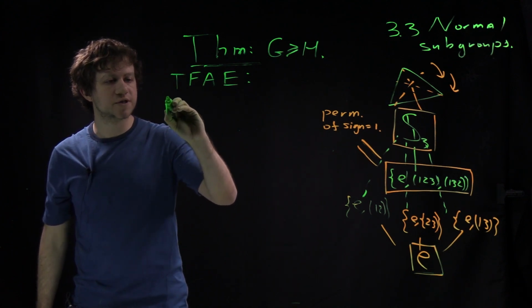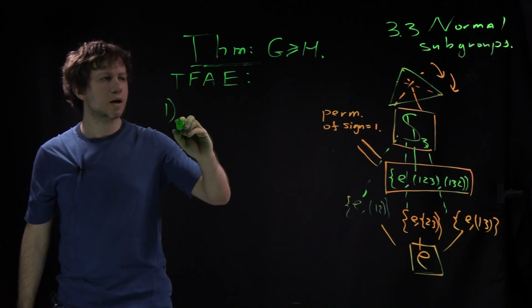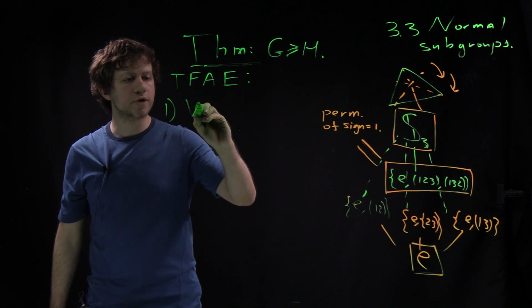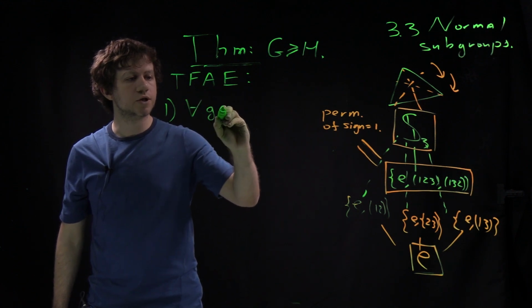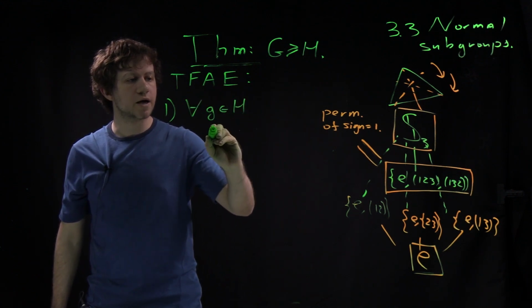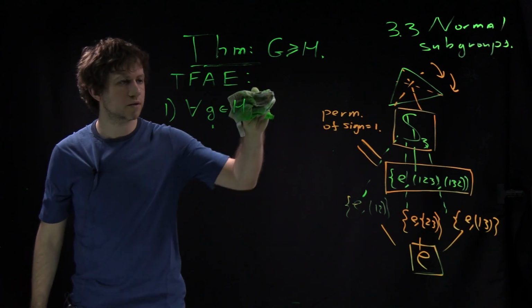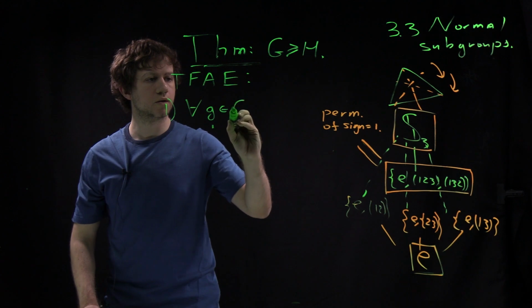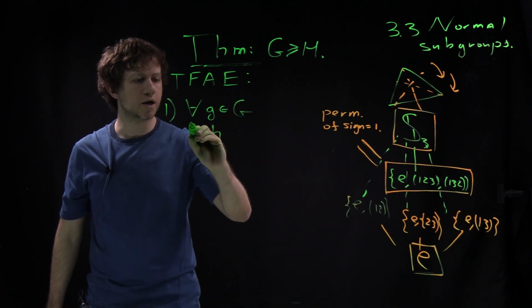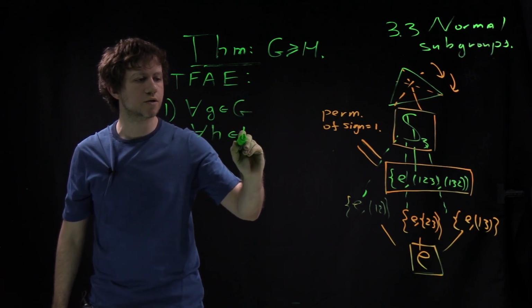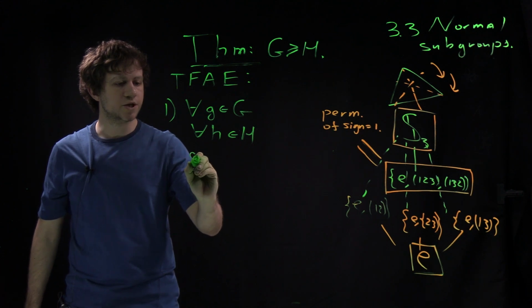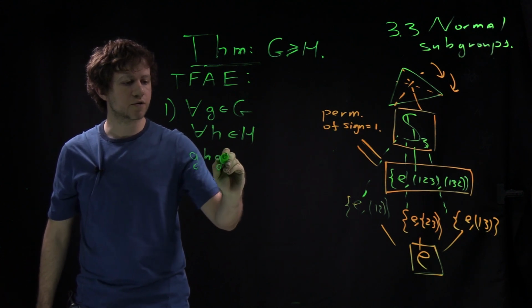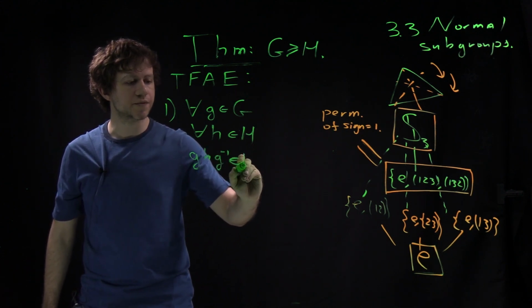The first one is: for every g in G and for every h in H, g h g inverse is inside H.